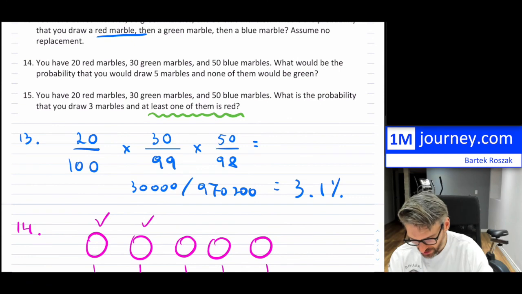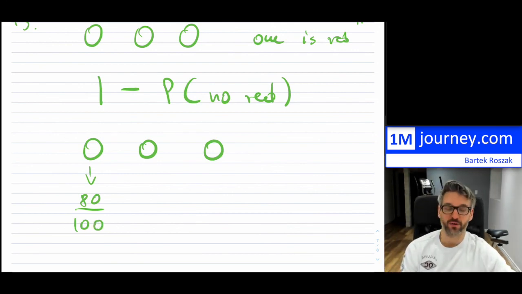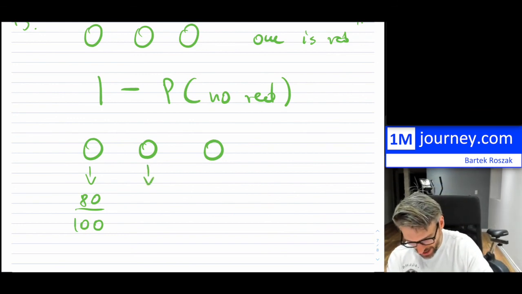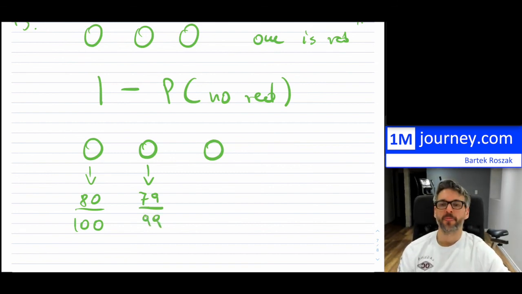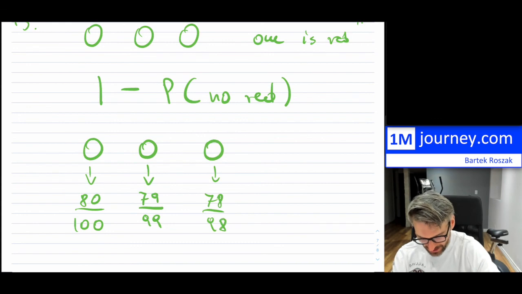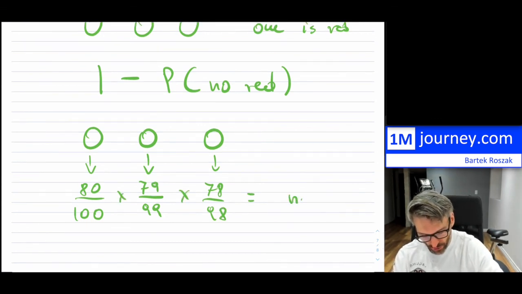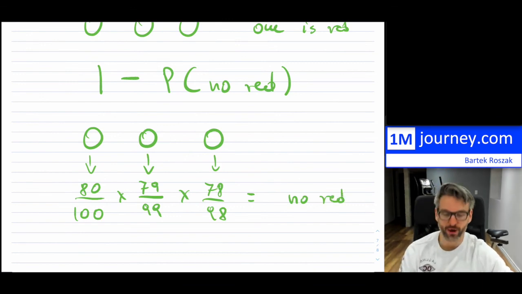There are 20 red, so that means we have an 80 out of 100 chance on the first one of drawing a non-red one. Then there's one less, 79 out of 99, because we drew one away. And then finally we have 78 out of 98. And that would be the probability that there are no red marbles at all.